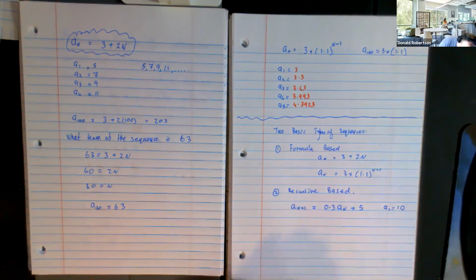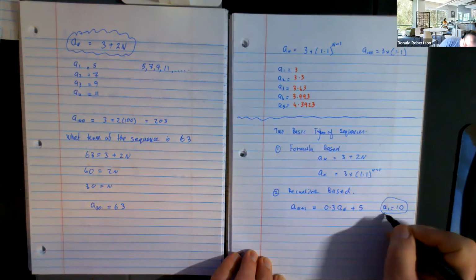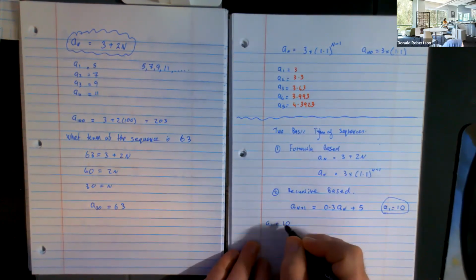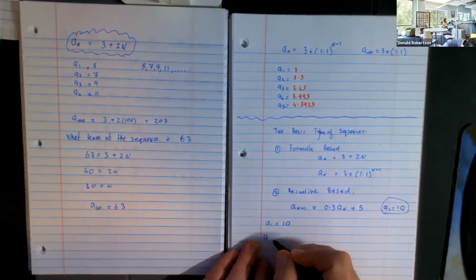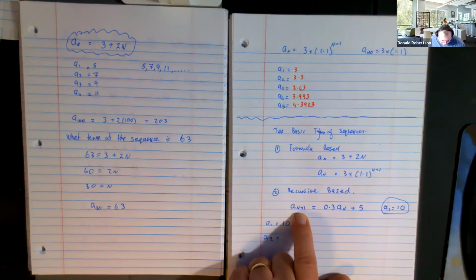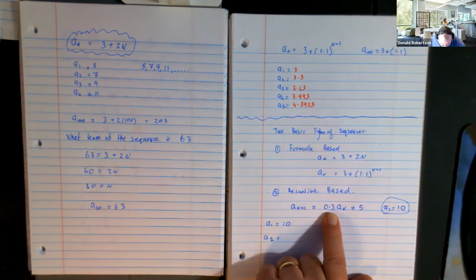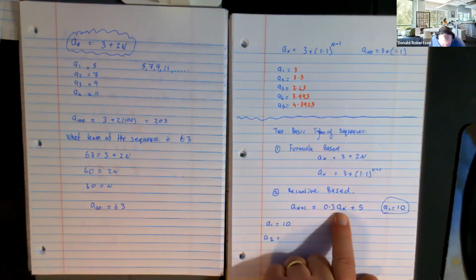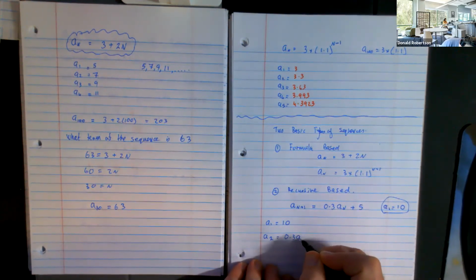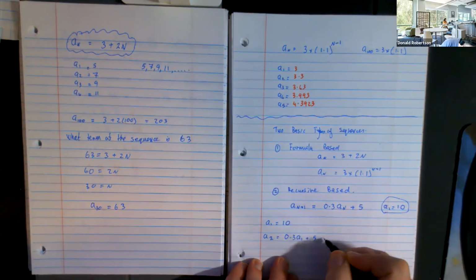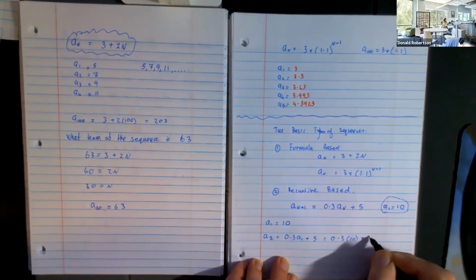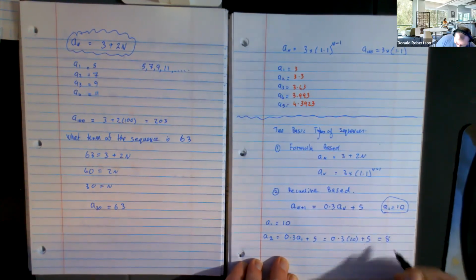So you are always given a seed. The first number in this sequence is 10. Now, if I want to get the second number in the sequence, it's 0.3 times the previous number, add 5. So it's 0.3 times A1, add 5: 0.3 times 10, add 5, and that ends up being 8.